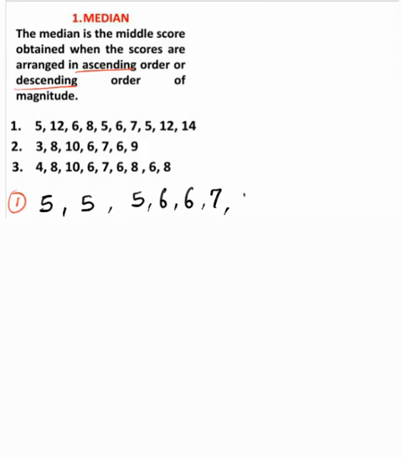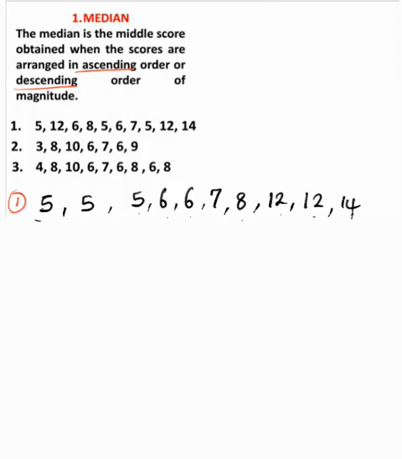We have 8, right? Okay, we have 12, another 12, and we have 14. 1, 2, 3, 4, 5, 6, 7, 8, 9, 10. Okay, they're complete.